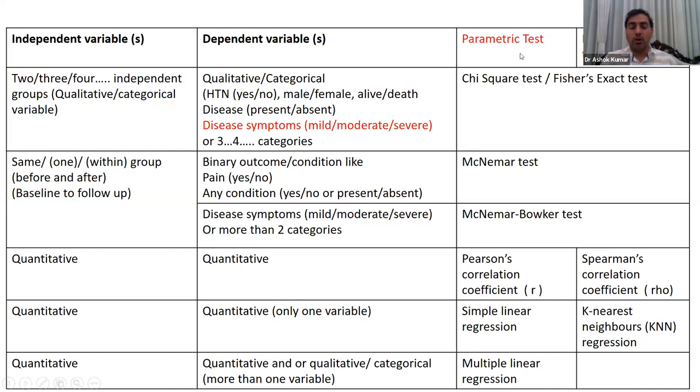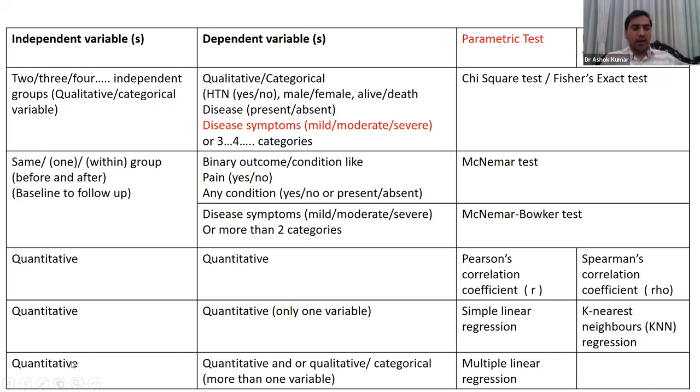If our data is not normally distributed, the test is k nearest neighbors, KNN regression, if both dependent and independent variables are not normally distributed. We will discuss this later on.